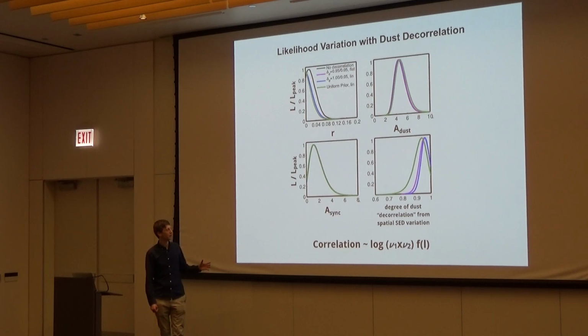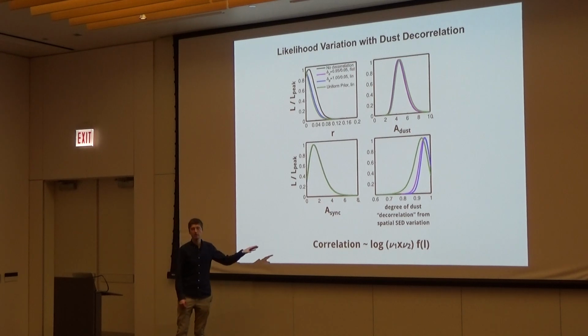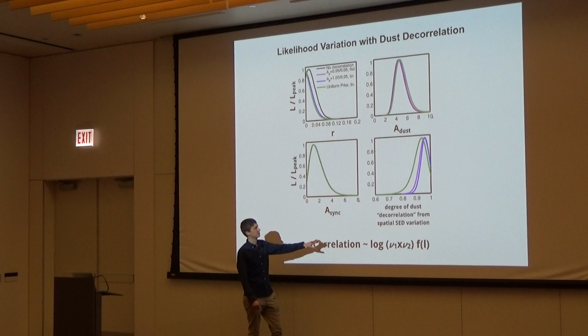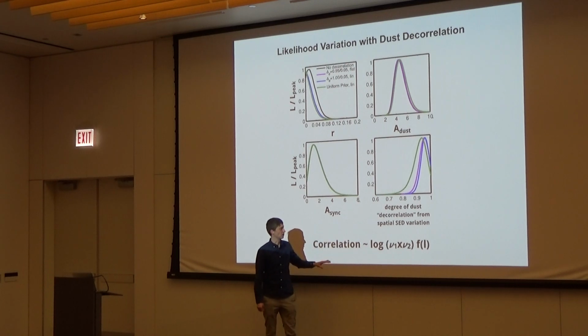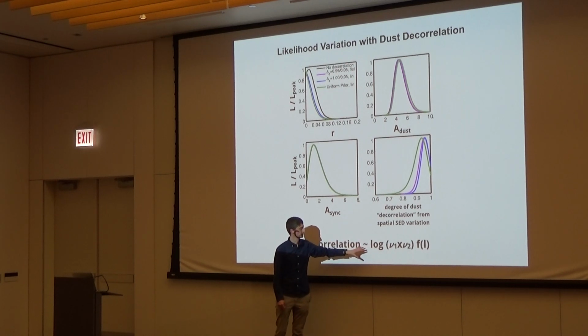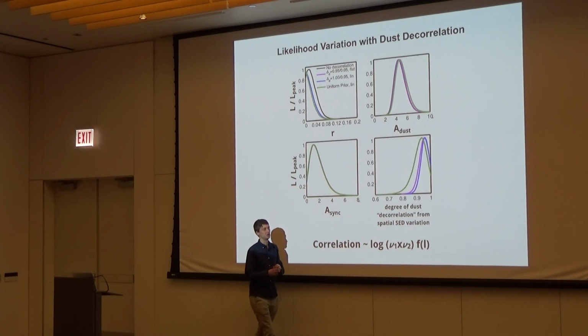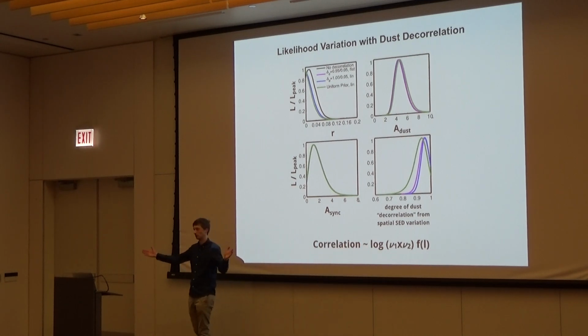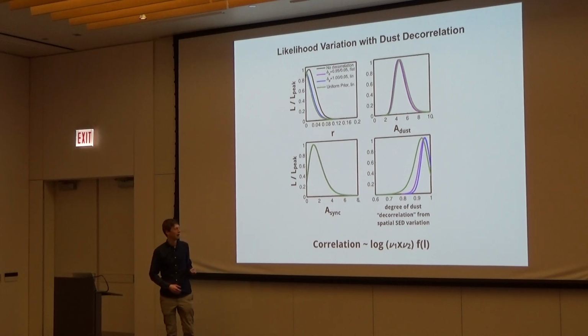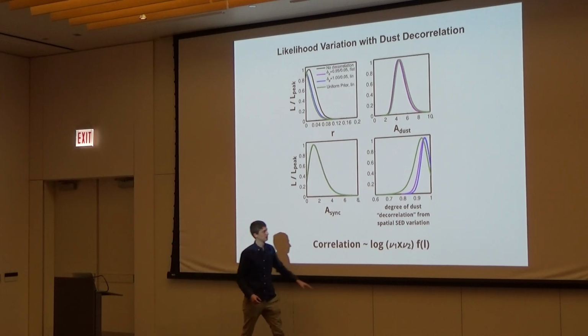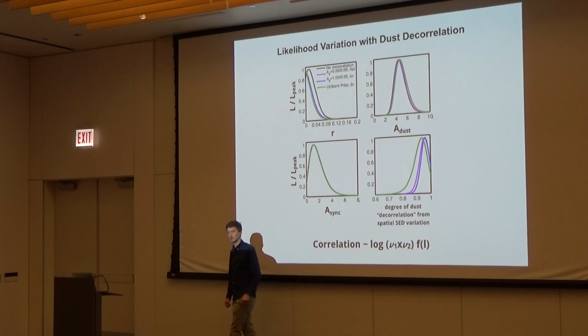We have some model where the correlation between the dust signal at two different frequencies is going to be proportional to this parameter, and it's also going to scale, sorry, that should be the log of the ratio, not the log of the products of the frequencies. Anyway, the idea is that you're going to become more decorrelated if you have a longer lever arm between your two frequencies. And we also just assumed some particular functional form with angular scale.